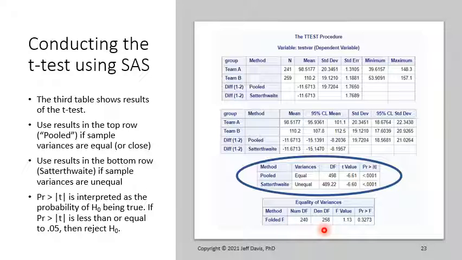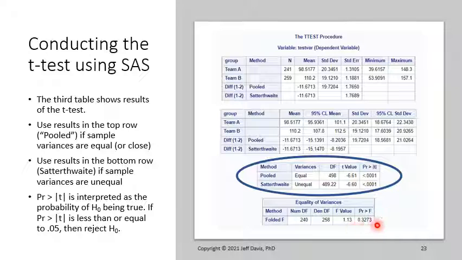So we're not going to worry about going through it here, but you would interpret this Pr > F value the same way. If this is 0.05 or less, you reject the null, and the null, in this case, says that the variances are equal.